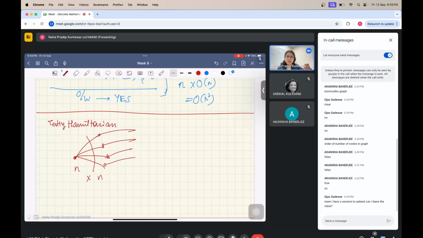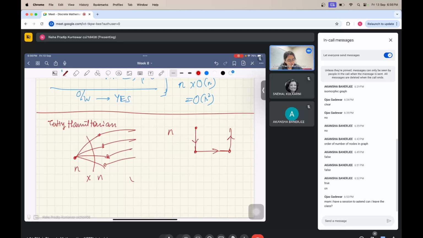Notice that if you have a Hamiltonian tour, it has to be of length n, because once you visited a vertex, you cannot ever come back to it. So each vertex is going to be visited exactly once except the starting vertex. Therefore, it has to be of length n.